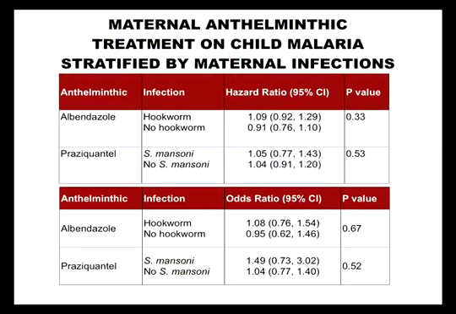The analysis, looking specifically at the group of mothers who had hookworm and the group of mothers who had Schistosoma mansoni, maternal helminth treatment on child malaria stratified by the mother's infections, also showed no effects in these subgroups.